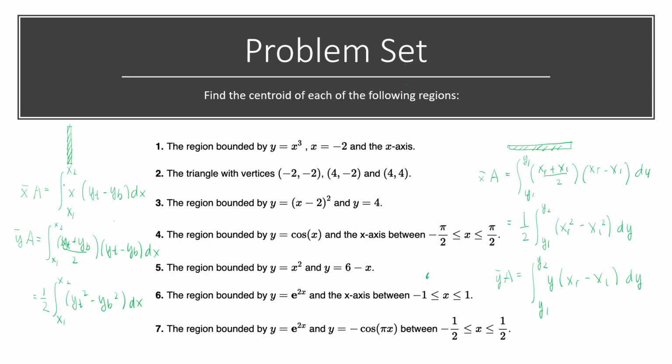And of course, the area, you keep going back to the area, right? For the vertical strip it is y top minus y bottom, and for this one it would be the integral of (x right minus x left) dy from y1 to y2. So you now have all the formulas.